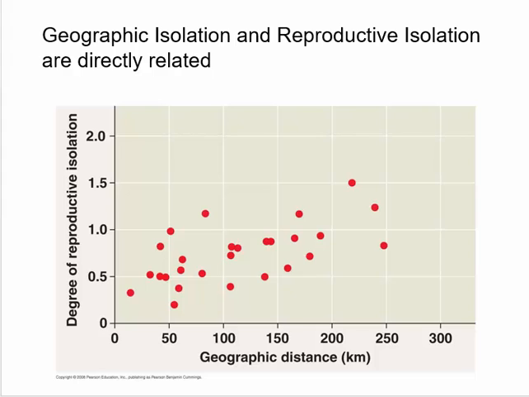Now, obviously, that's going to be different for different kinds of organisms. For those little beetles, maybe a very small geographic distance makes for a big barrier. For animals that can fly, birds, a big distance might have to be thousands of kilometers, not hundreds, to create just a raw distance being that barrier.